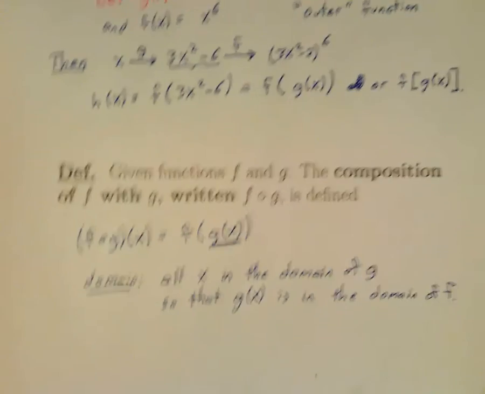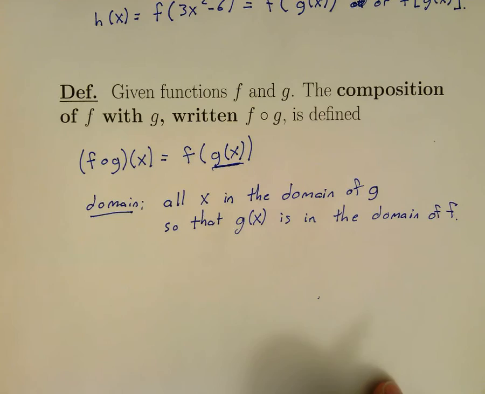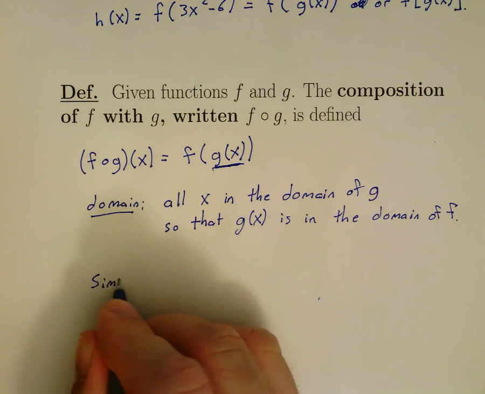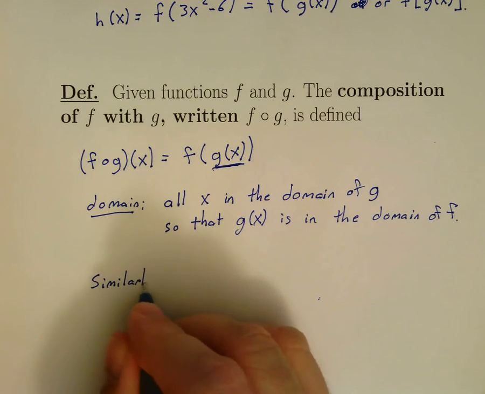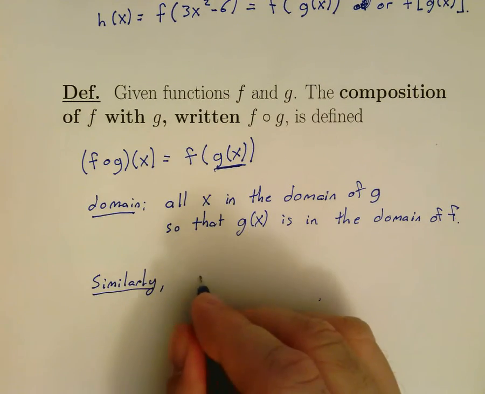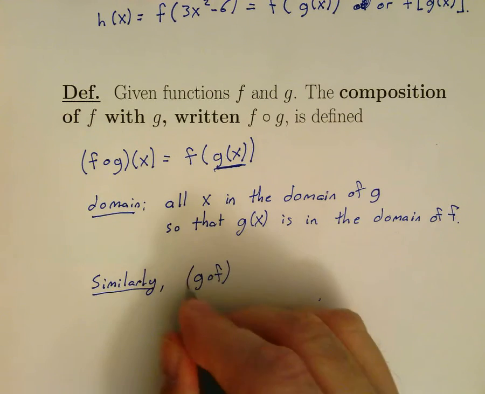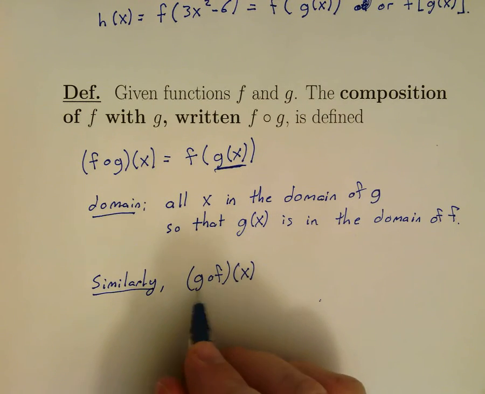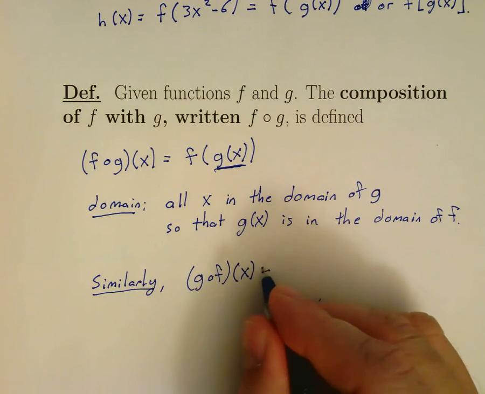Now we have a similar definition for g of f. So similarly, g of f of x says now the inside function in this case is f and the outside is g. So you can actually reverse f and g.